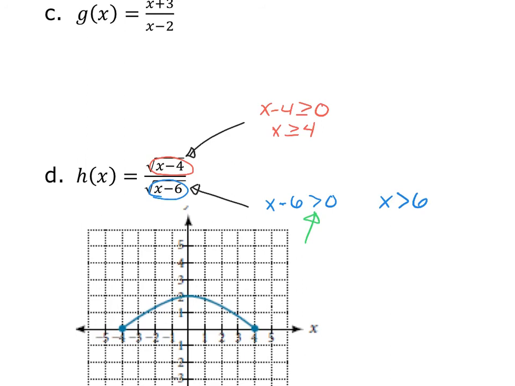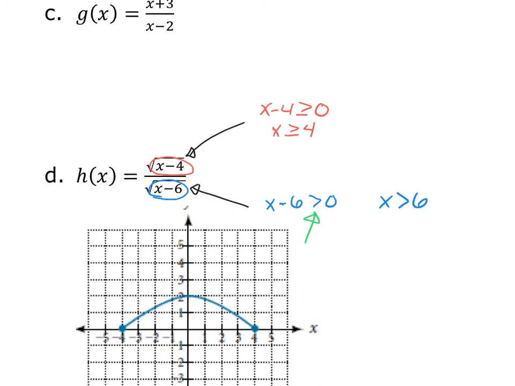Now I'm going to decide which one is going to dominate. The one that dominates is the denominator because, first of all, it's a larger number than 4. So I can't put anything less than 6 into the denominator. I can put numbers greater than 4 in the numerator and not have a problem, but I can't put anything less than 6 in the denominator. I could put 6 in the numerator and we're cool, but I can't put 6 in the denominator because I'd be dividing by 0.